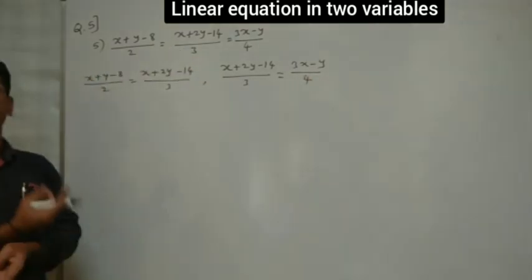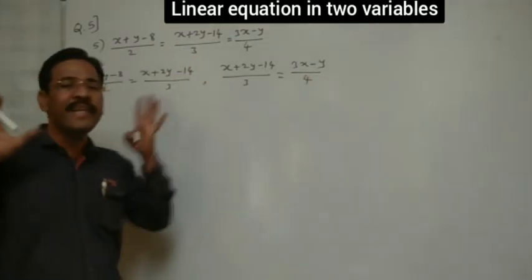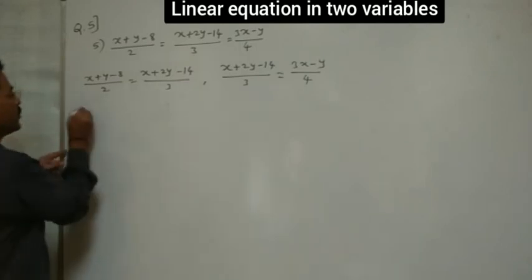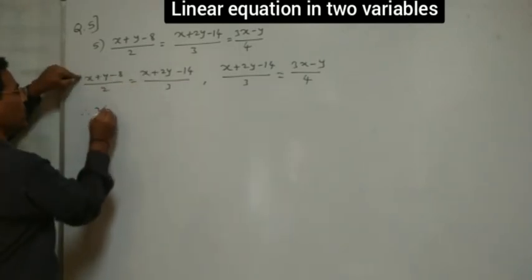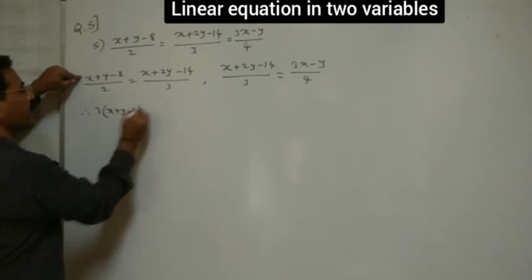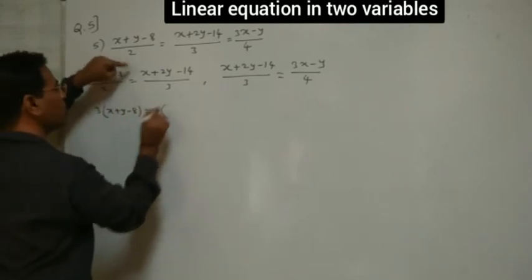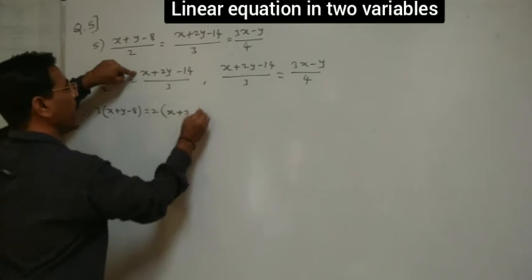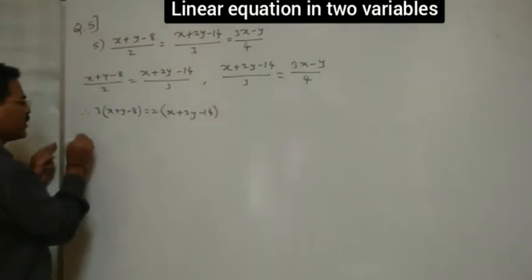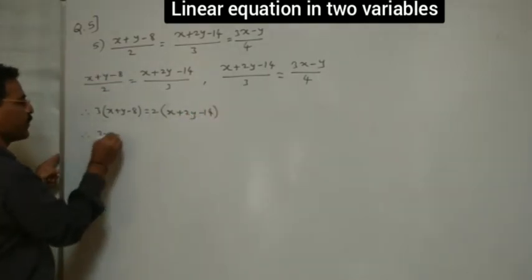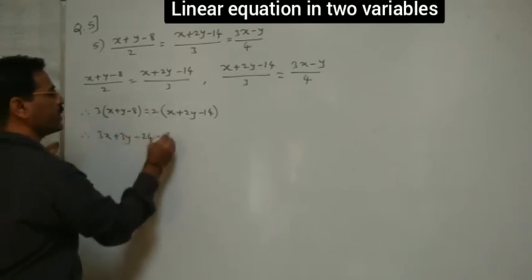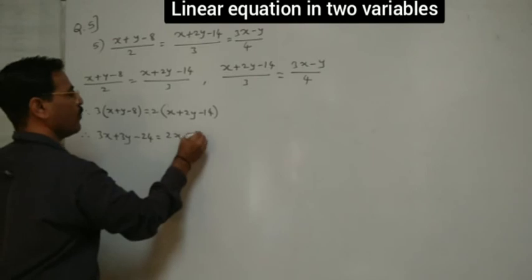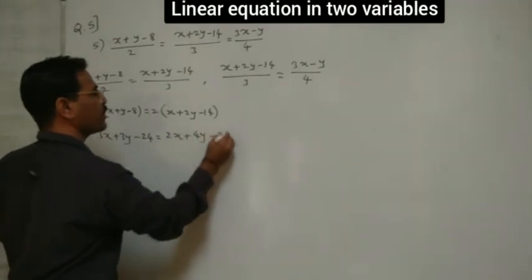Now just go with cross multiplication. We can form a neat equation. See first, 3, and here just go with cross. What will we get? 3 into (x plus y minus 8), this side 2 into (x plus 2y minus 14). Now just multiply. 3x plus 3y minus 24, this side 2x plus 4y minus 28.